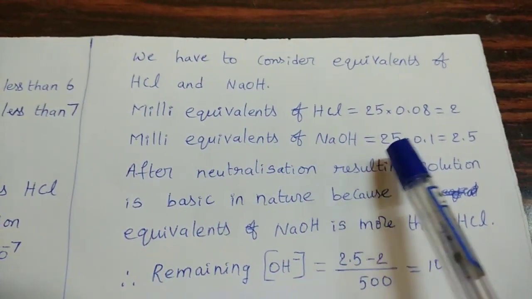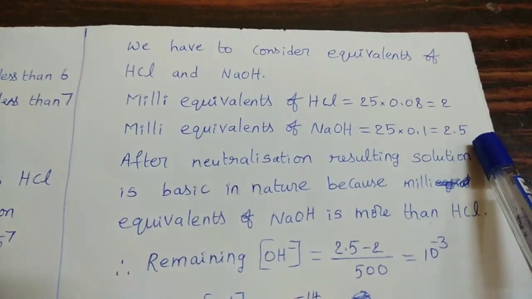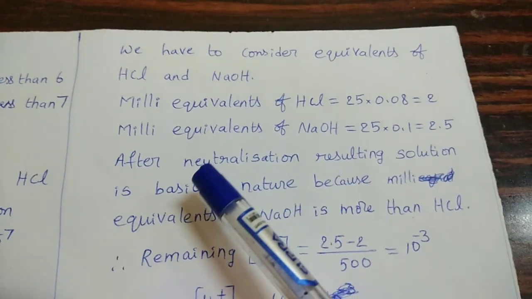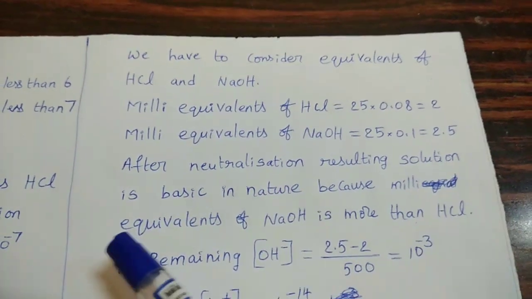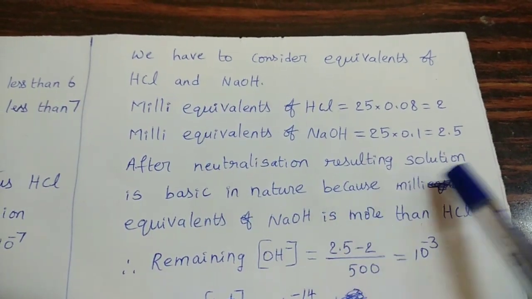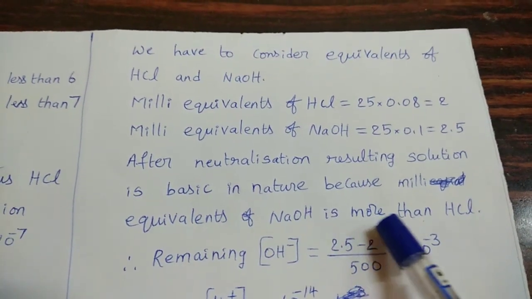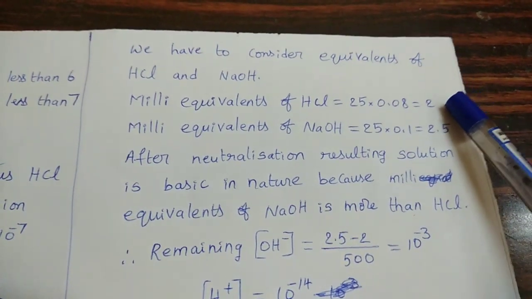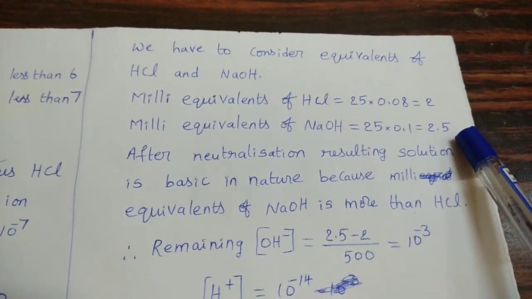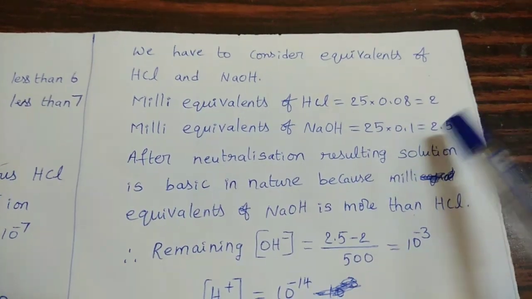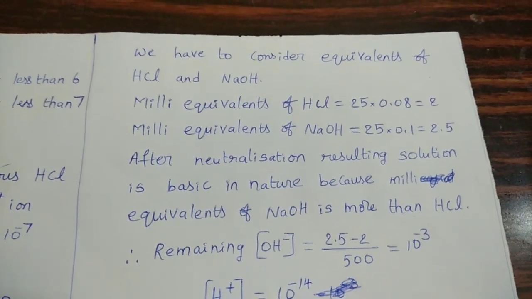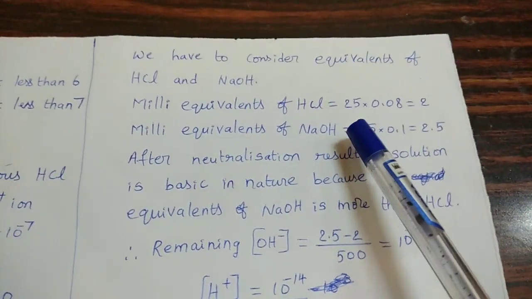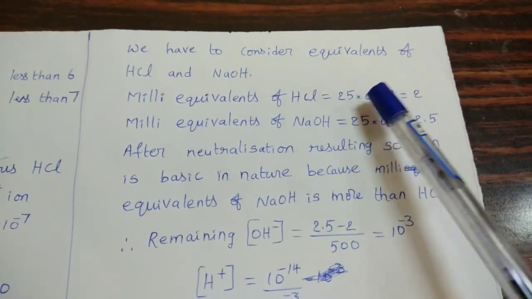Milli-equivalence of NaOH, volume into molarity, equals 2.5. After neutralization, the resulting solution is basic in nature because milli-equivalence of NaOH is more than HCl. HCl milli-equivalence 2, NaOH milli-equivalence 2.5. When these two are mixed, the resulting solution has basic character, because NaOH milli-equivalents are more than HCl.